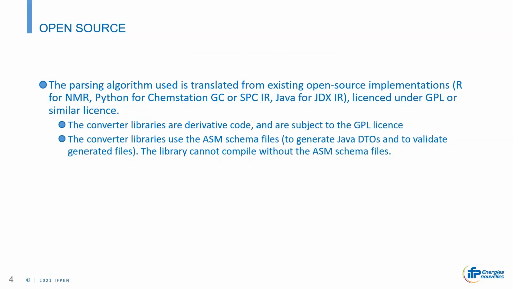A couple of issues with this. In order to read and parse proprietary data, we use open source algorithms, which means that if we are to publish our code, we have to use the GPL license they almost all use. And we could not do that because of the ASM files that were proprietary from Allotrope.